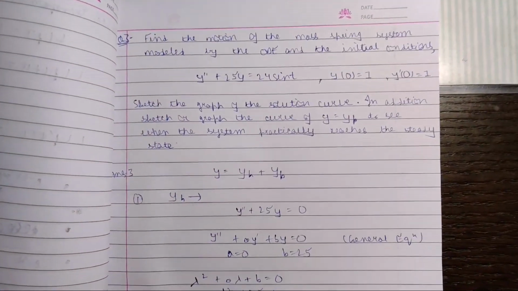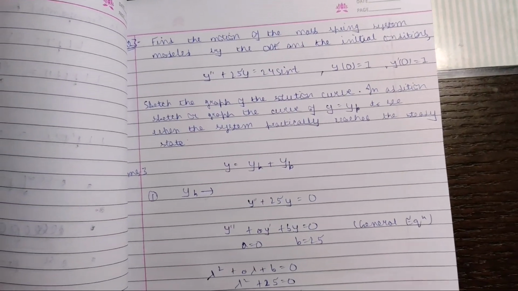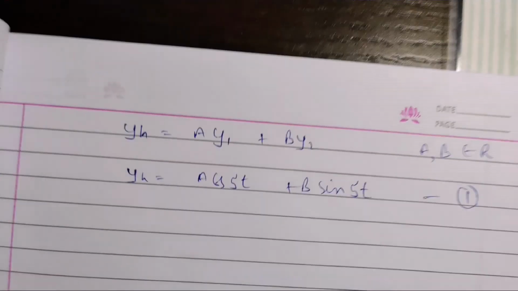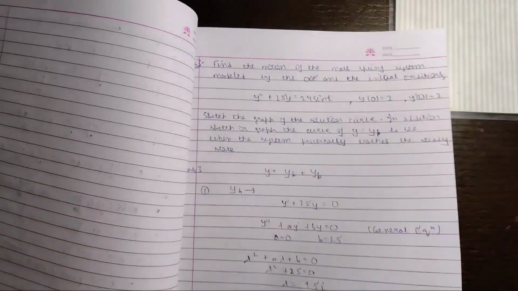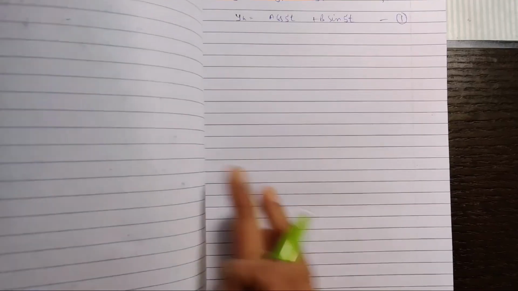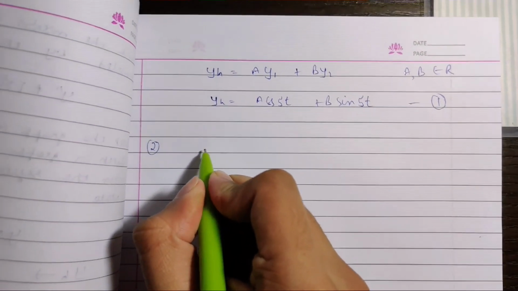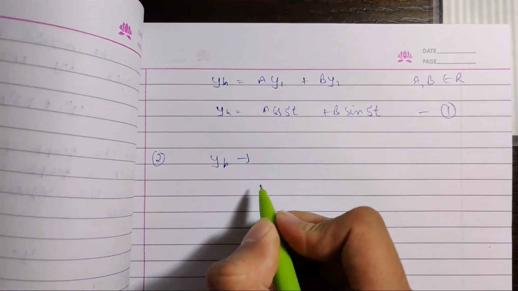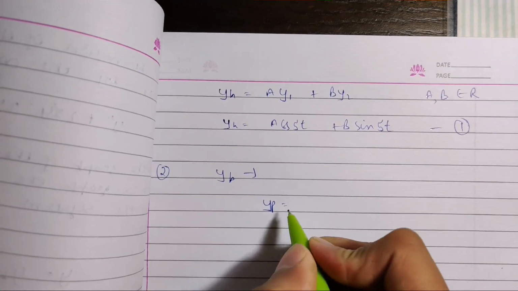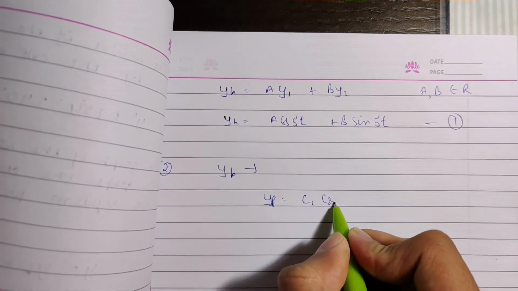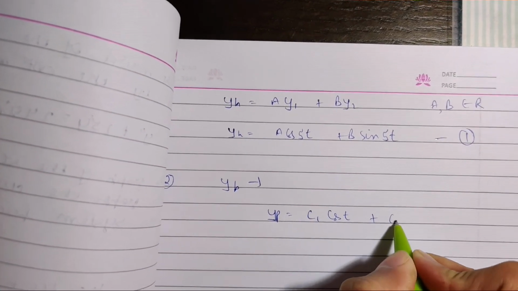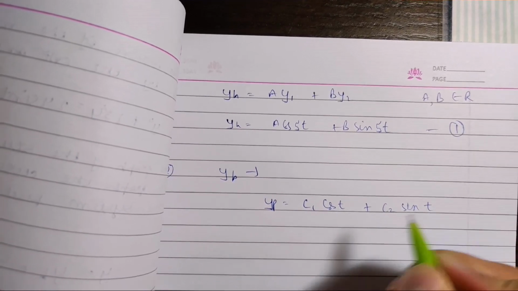Now we will find yp, which is the particular solution. So let's find yp. So yp, the particular solution, is of the form c1 cos t plus c2 sin t.